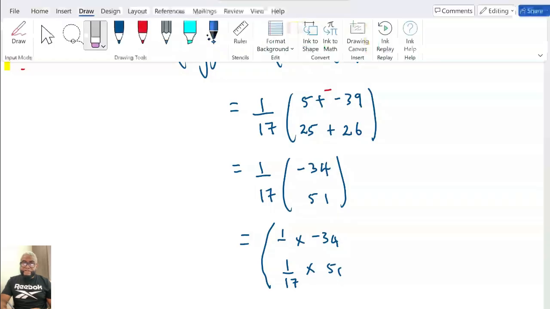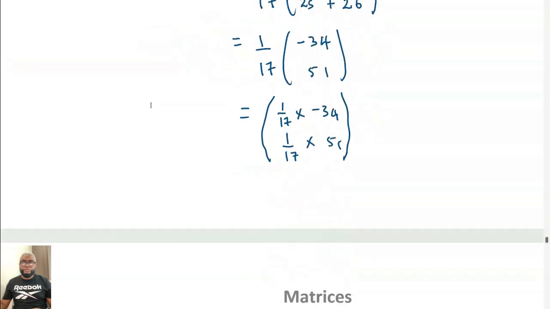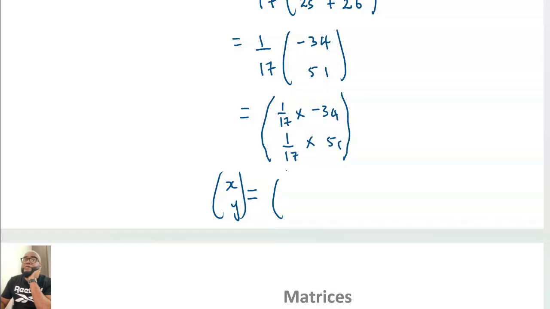Punch in 1 over 17 multiplied by negative 34 on the calculator. So this is X and Y we're finding. X is negative 2, Y is 3. Excellent. 1 over 17 multiplied by negative 34 gives negative 2, and 1 over 17 multiplied by 51 gives 3.